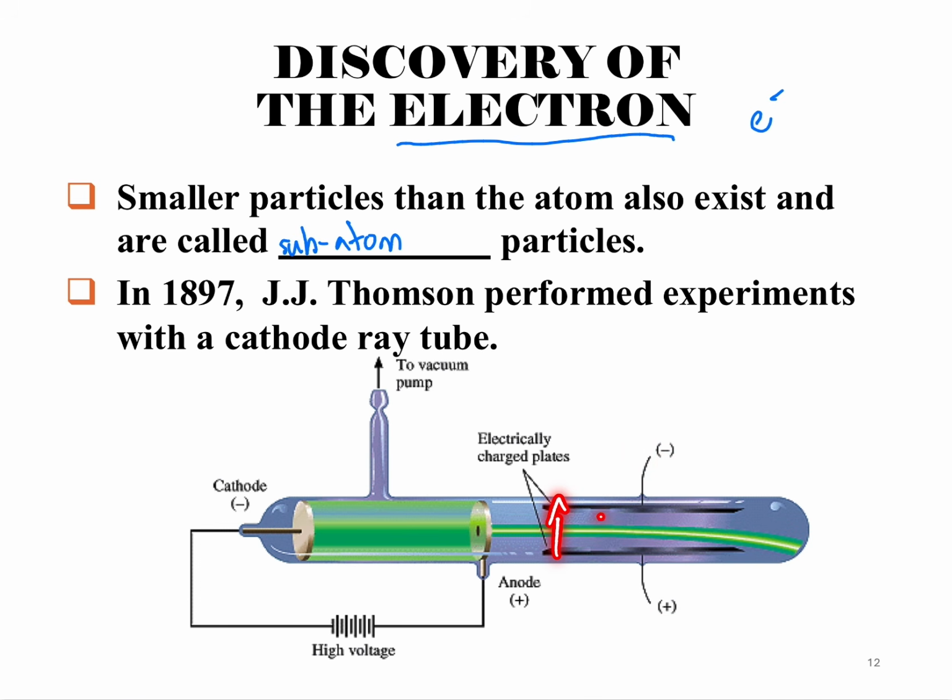What happened is it caused a curve in the beam, which means that there was something in these ordinarily neutral atoms that was being deflected. The beam curved towards the positive side, which meant that these were negatively charged particles. So his experiment showed that there's something in atoms that is negatively charged.